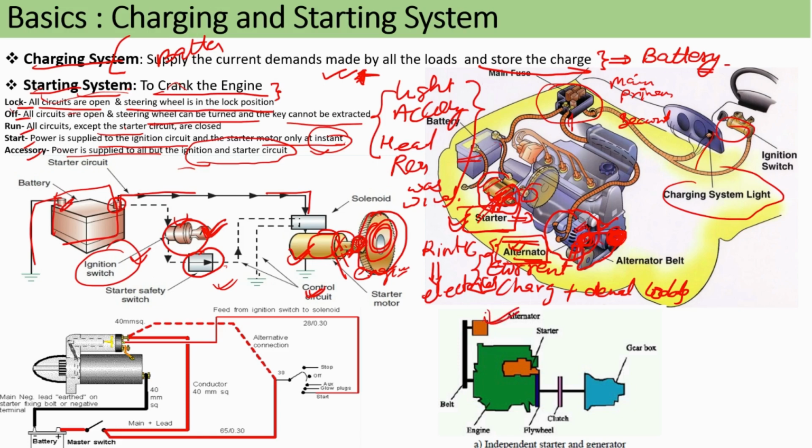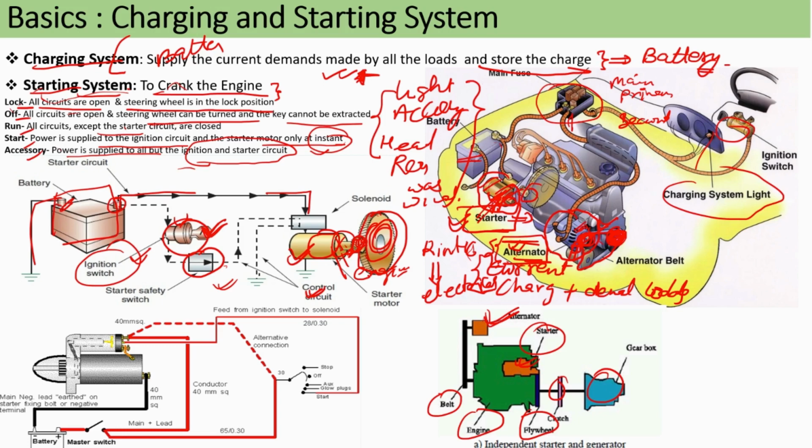You can see right now that the alternator is here and the starter position is here. This is your belt, this is your engine, this is your flywheel, then clutch and gearbox. In the existing situation, the alternator and starter are independent, and the starter motor becomes idle once your engine is started.